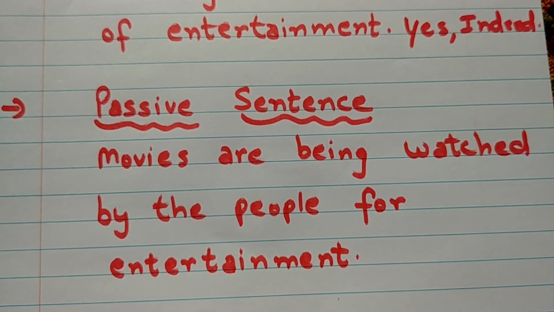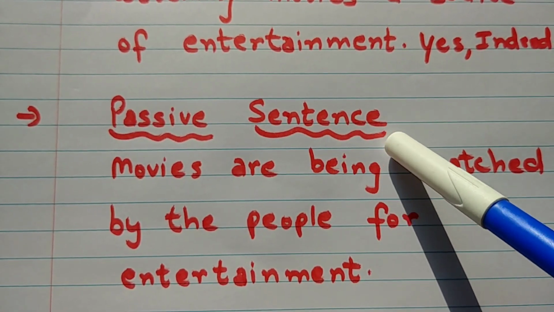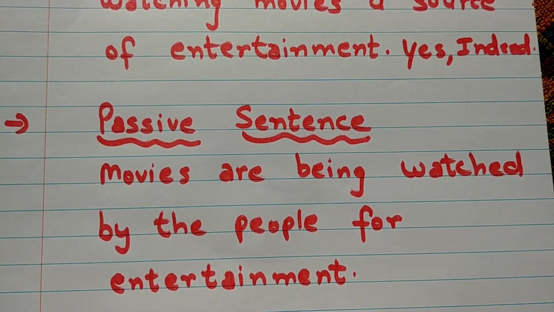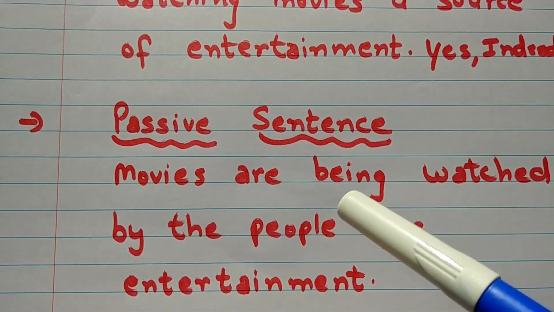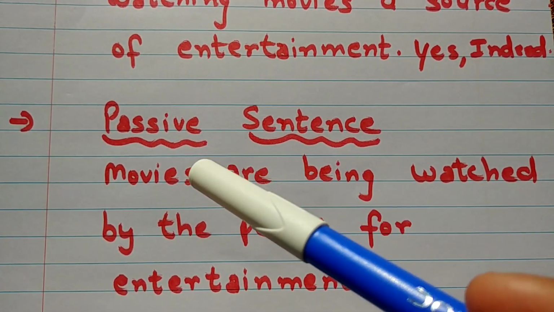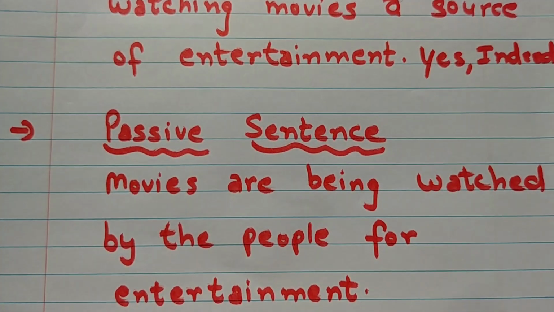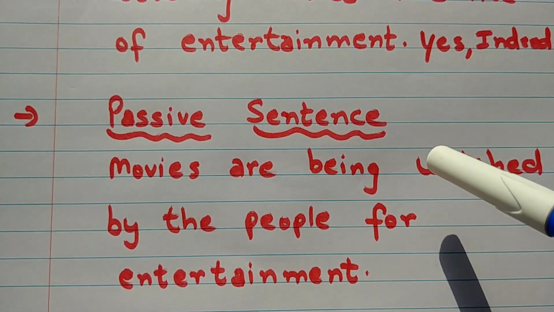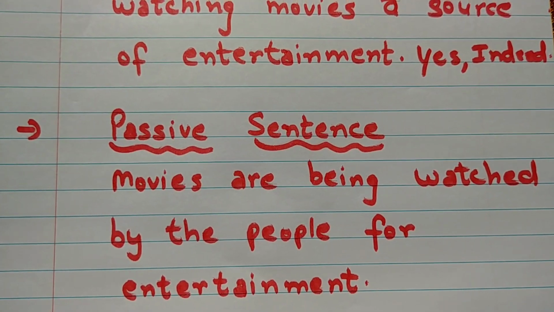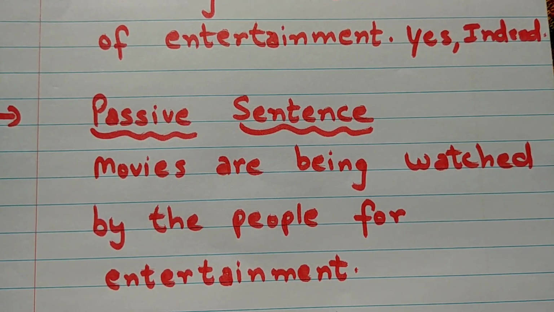Next come passive sentences. You must be aware of the use of active and passive sentence formation. So it is very important to use at least one or two passive sentence formations in your writing task too, instead of just writing your answer statements in active form only. So the example sentence I have written is: movies are being watched by the people for entertainment.